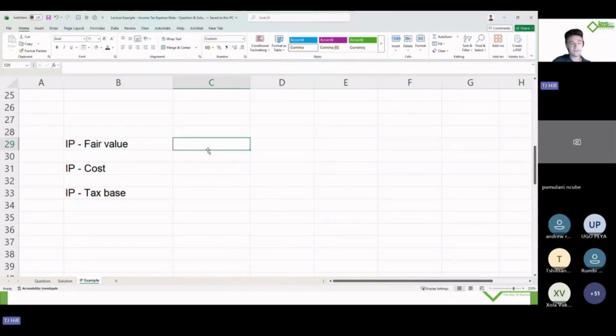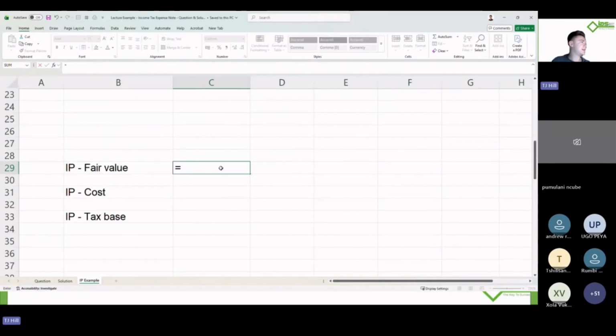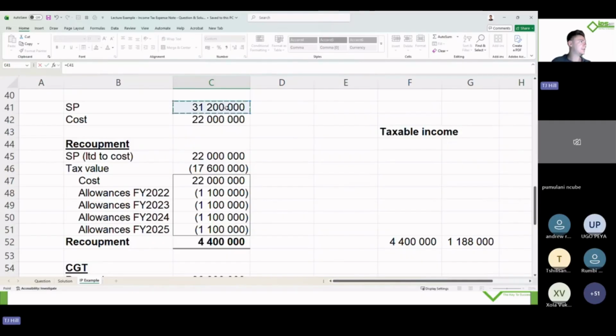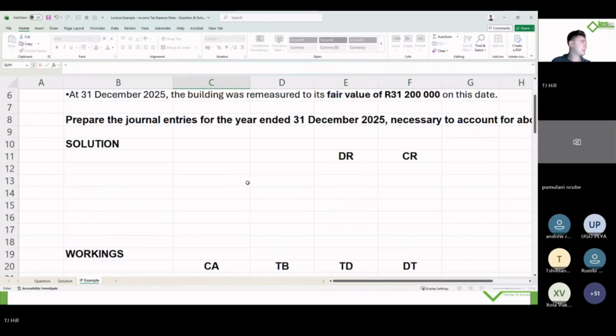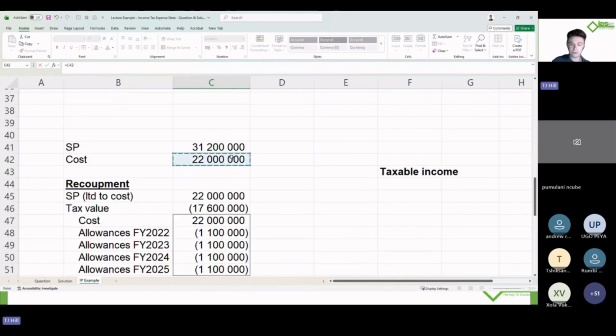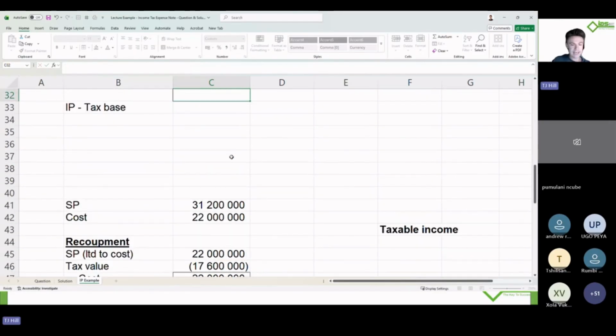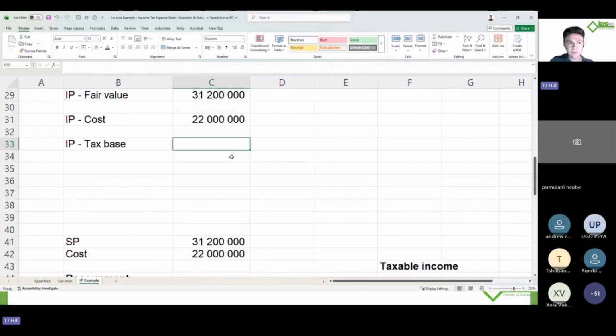If I say to you the fair value is the 3.12, my cost is the 22, and my tax base, okay, is actually going to be, as in accounting, think about your tax base in accounting, it's going to be the cost minus allowances claimed, normally, right?